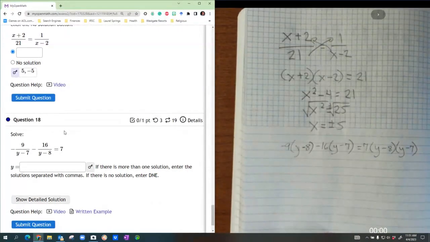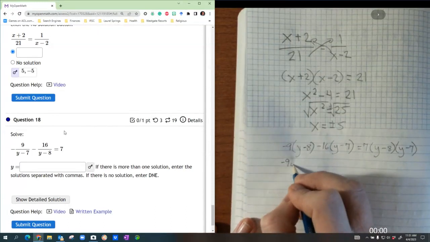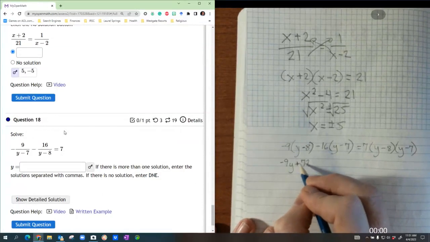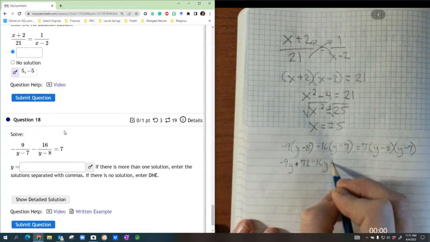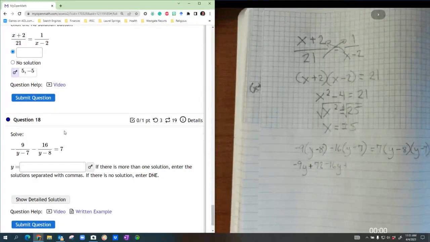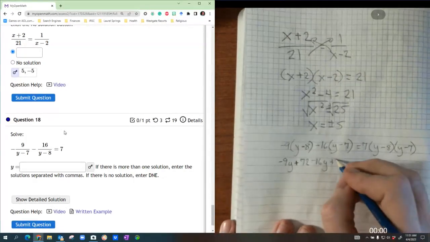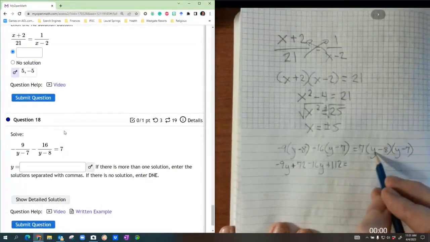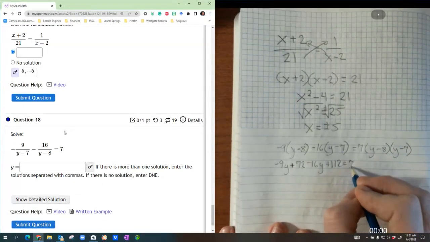Now I'm going to do the distributive property, and I'll do this without multiplying the 7 out.